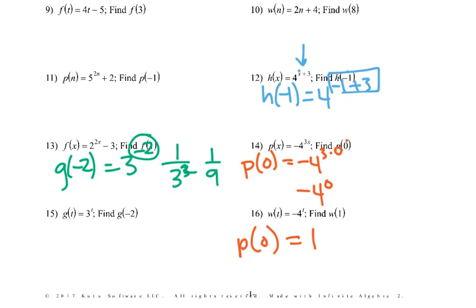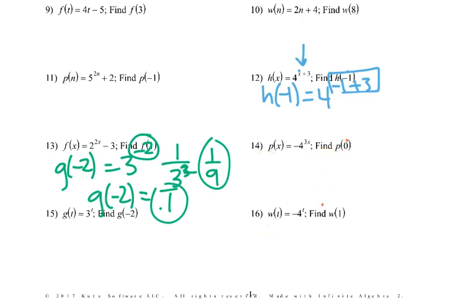And if you want it as a decimal in the calculator, that would be 0.1 repeated. So 1 over 9, or 0.1 repeated, is g of negative 2. And finally, number 16 on this page, we have w of 1 equals negative 4 to the first. Anything to the first power is just itself, so w of 1 equals negative 4.